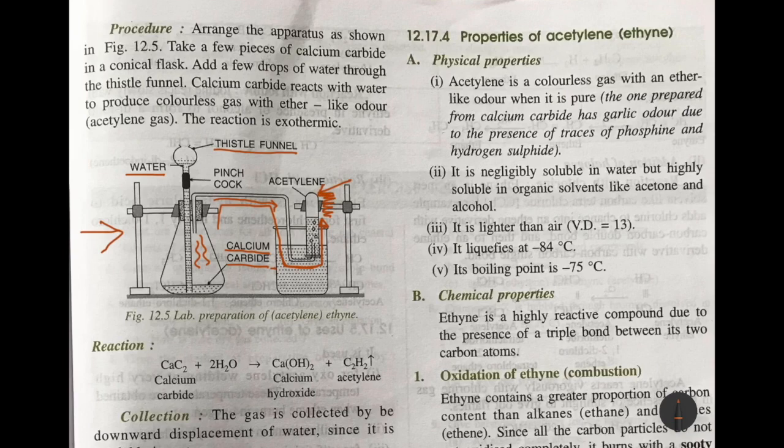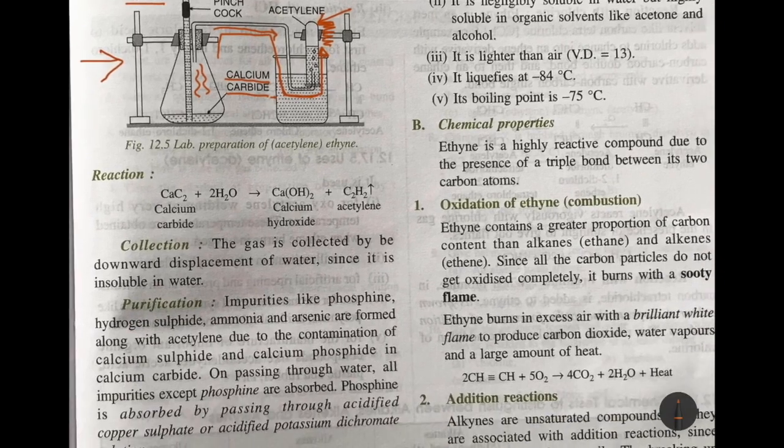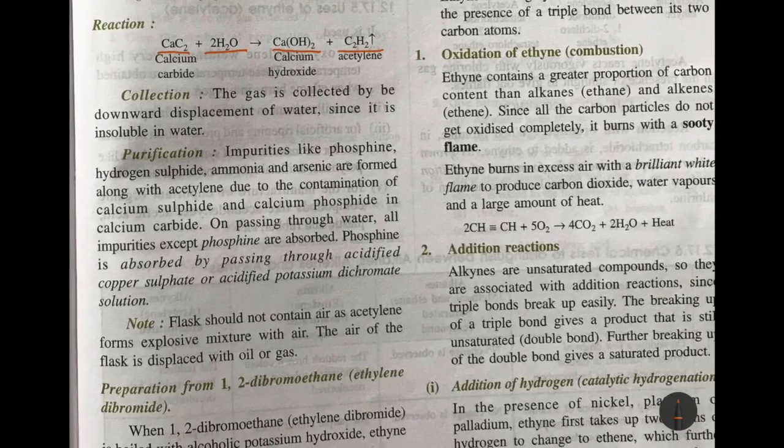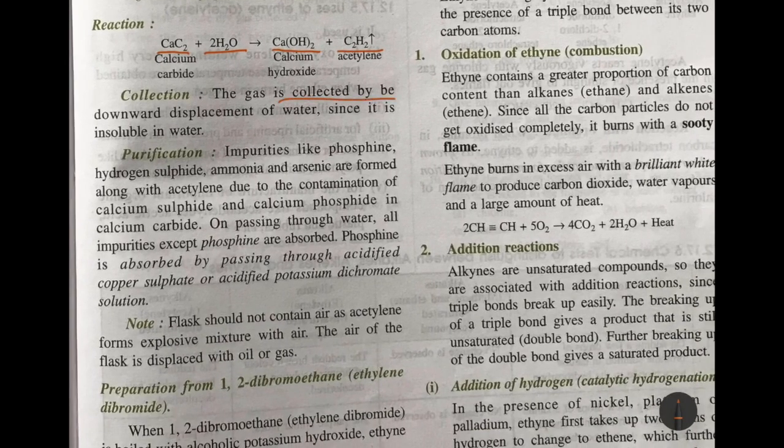You know the reason: acetylene does not dissolve in water. It is insoluble in water. So this is the equation: calcium carbide plus 2 molecules of water gives 1 molecule of calcium hydroxide and 1 molecule of acetylene gas. I already told you the gas is collected by the downward displacement of water since it is insoluble in water.